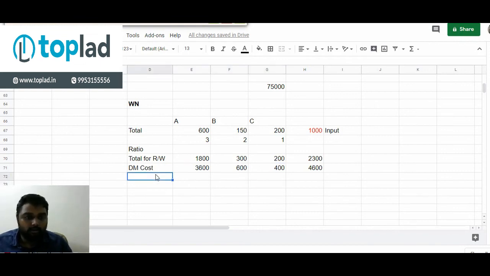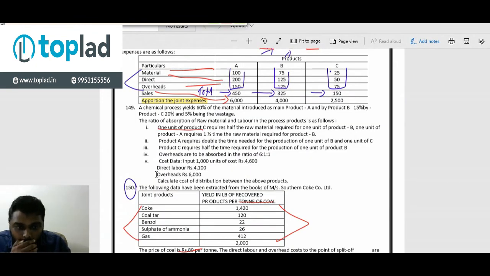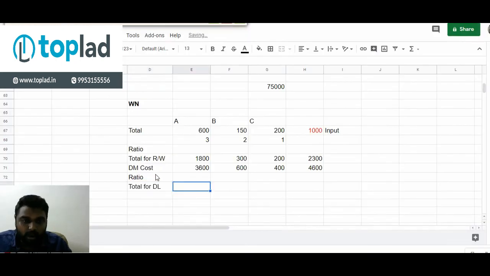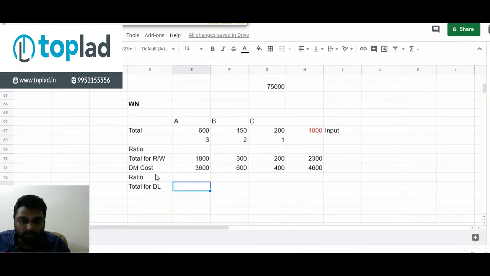Now the ratio for total for direct labor. What does the clue tell? I am reading the third point first. Product C requires half the time required for 1 unit of B. So 1 unit of B, let's take 2.